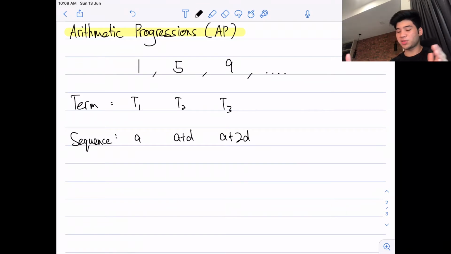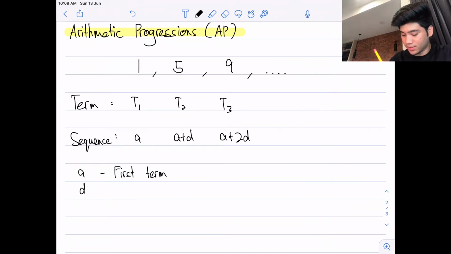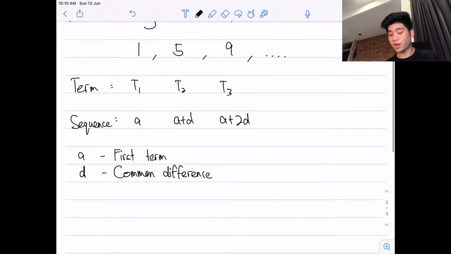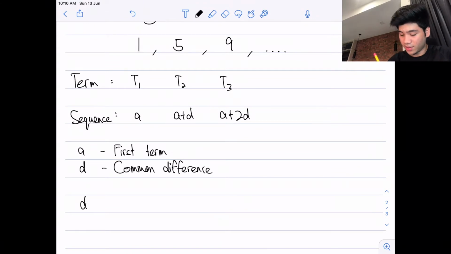Alright, so you must be wondering, what is A and D, right? So basically, A is the first term, whereas D is the common difference. As we can see here, our first term would be 1, and the way we find our common difference is that D will equal term n minus term n minus 1.